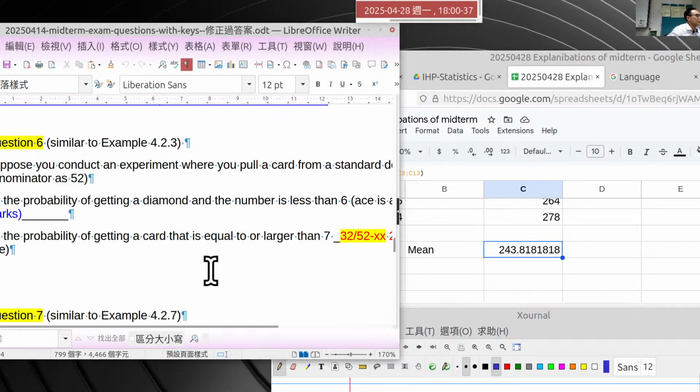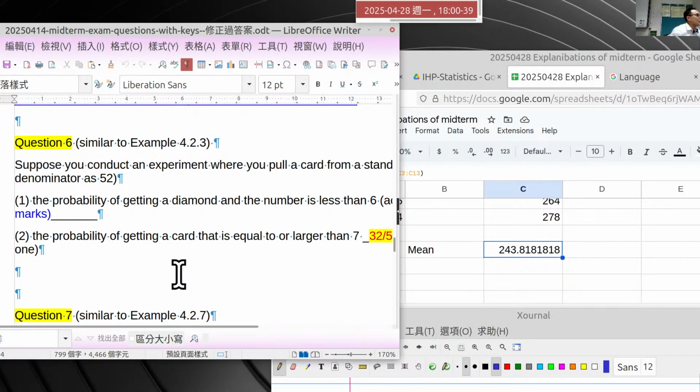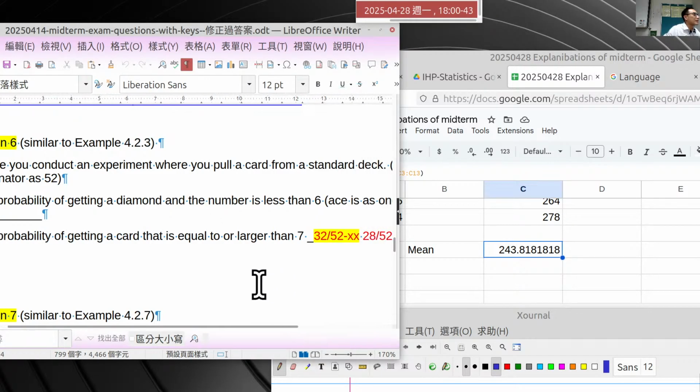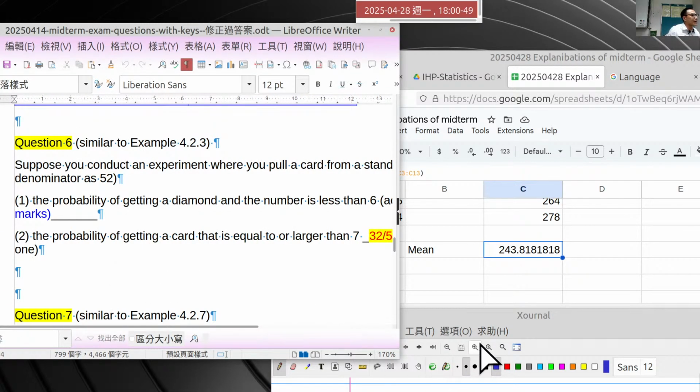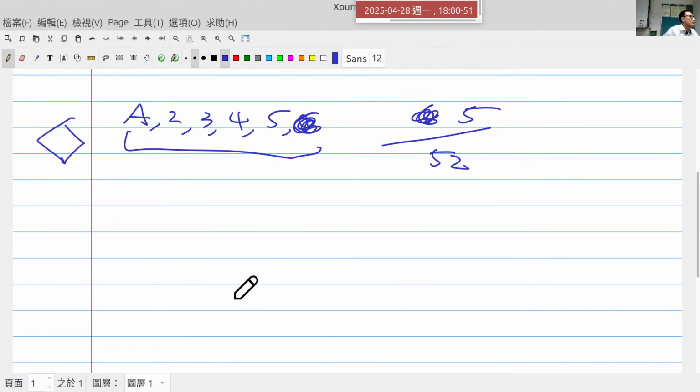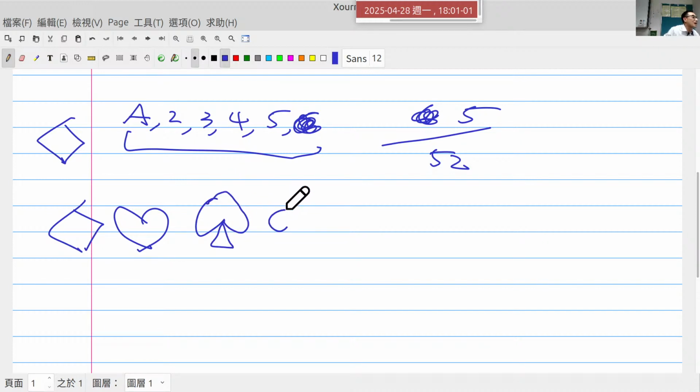And the next question, the probability of getting a card equal to or larger than 7. Let's check it. Any kind of card. Thus we have diamond, heart, spade. Oh, sorry, I'm a horrible drawer. And we have a club.